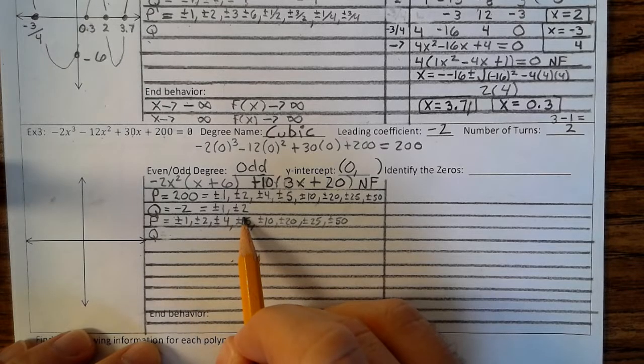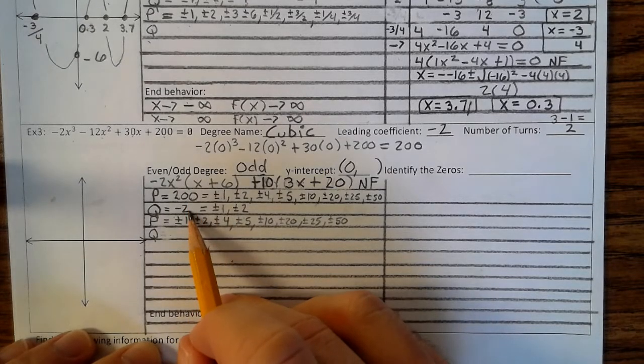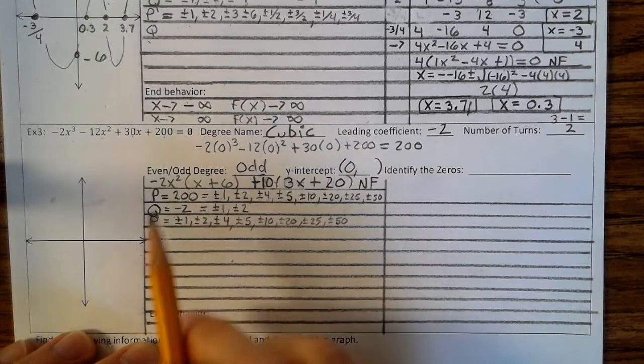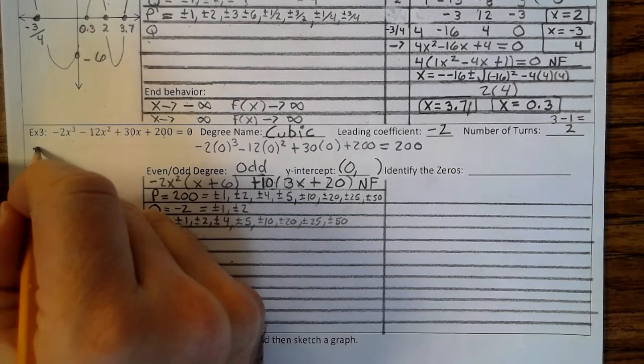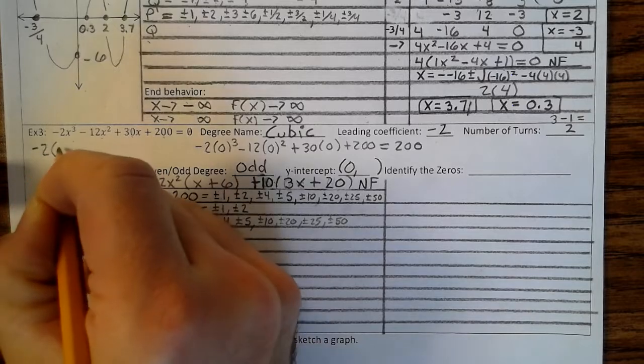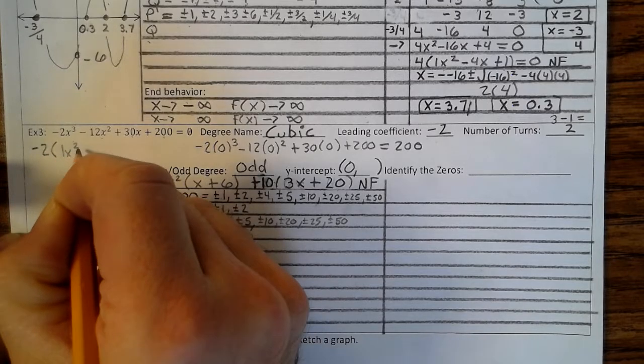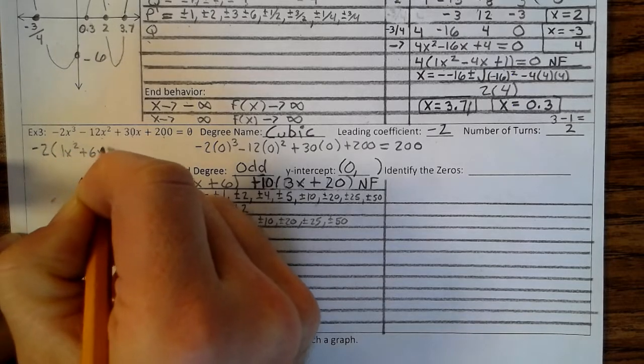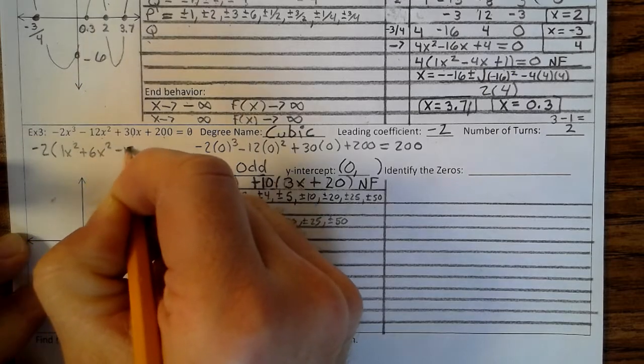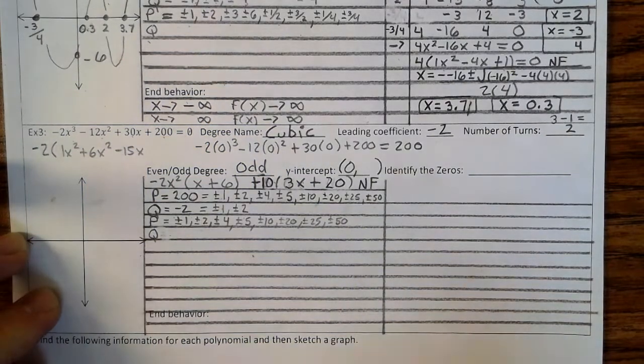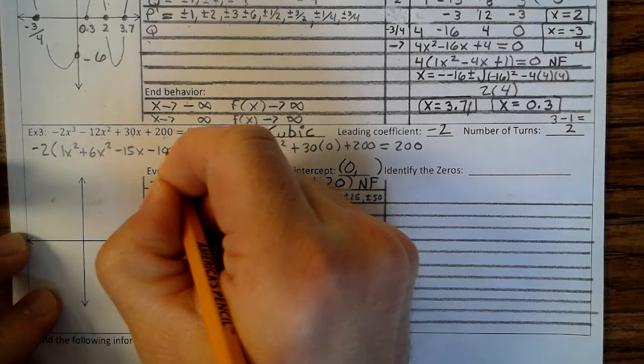Now, I just noticed that we divided by 2 here because we were dividing 200 by negative 2. And you could do that, but a more efficient way is if we factor out the negative 2 first. That would be 1x cubed plus 6x squared minus 15x minus 100.